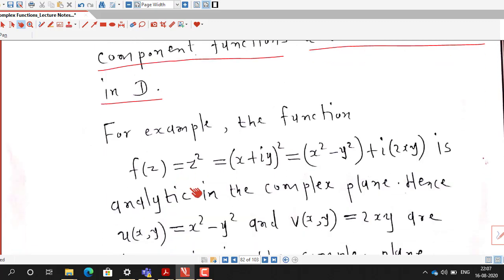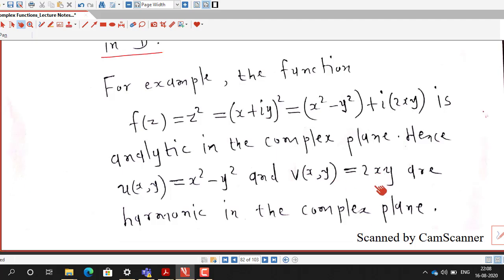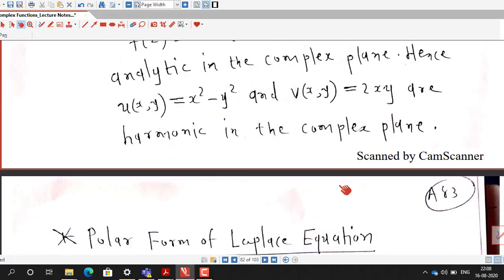For example, we know that the function z square is analytic everywhere in the complex plane, and its real and imaginary parts are x square minus y square and 2xy. Because z square is analytic in the complex plane, u equal to x square minus y square and v equal to 2xy are harmonic in the complex plane.